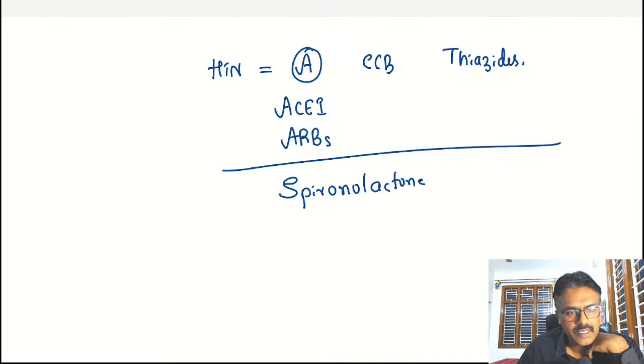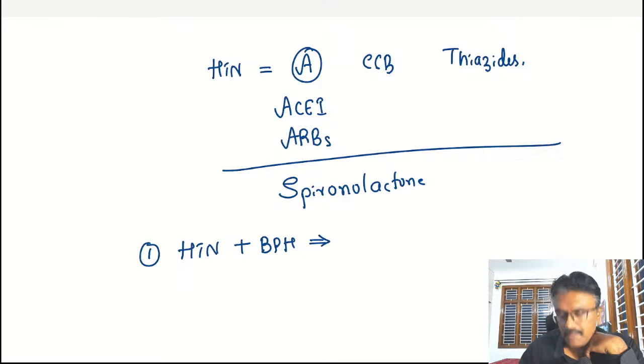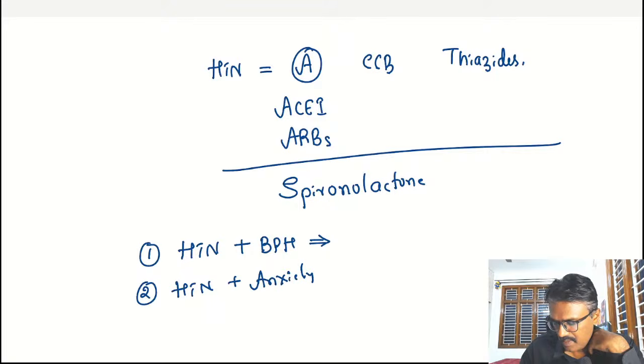Now sometimes the patient may not come like this. The patient may have hypertension with BPH. Then tell me, what will be the antihypertensive of choice for this? Second, the patient may come with hypertension, anxiety, and migraine. Then what antihypertensive will you prefer?